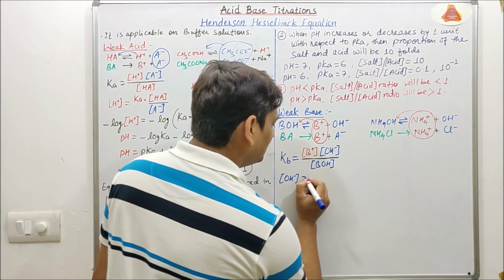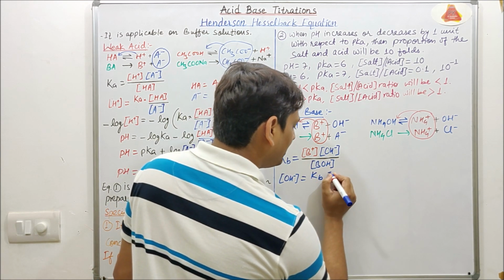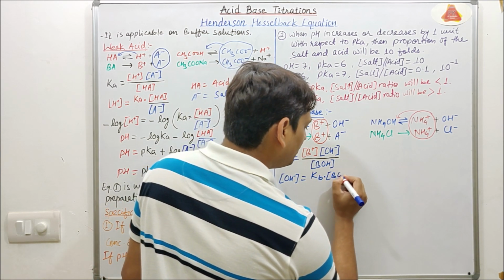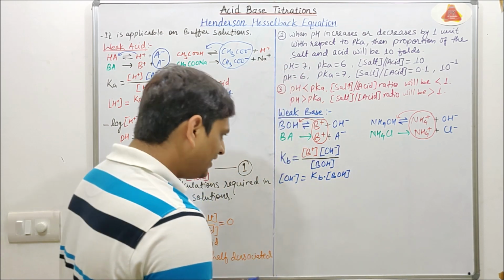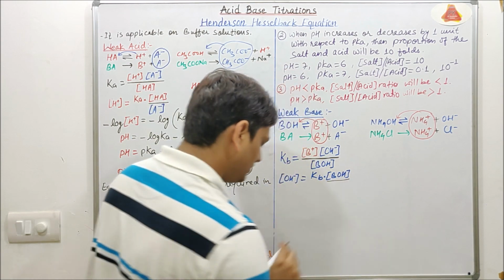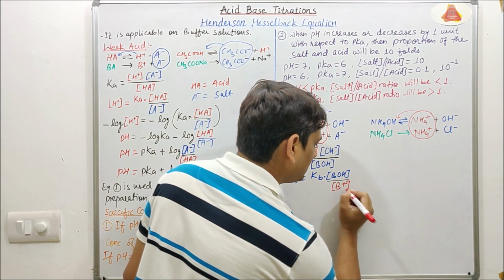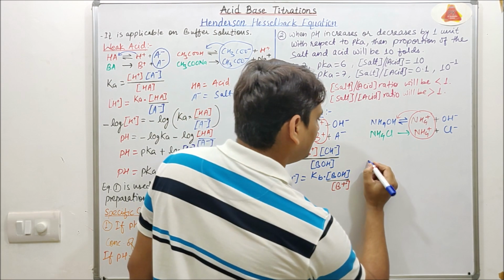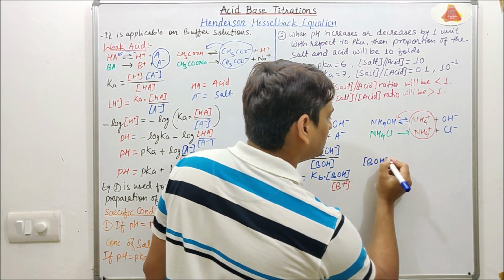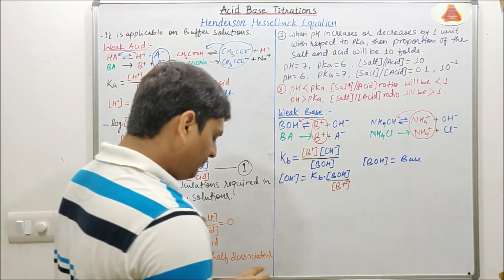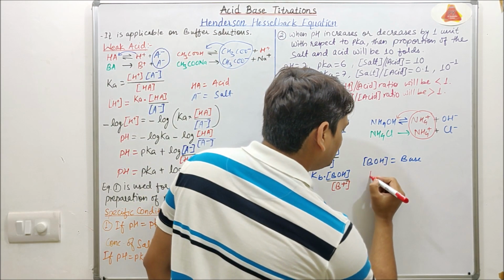So OH minus is equal to Kb into BOH divided by B plus. So here BOH represents the base, and B plus represents the salt.